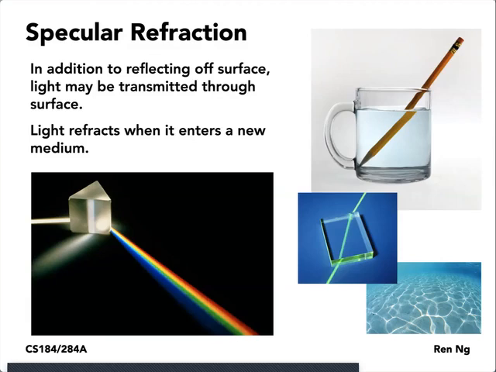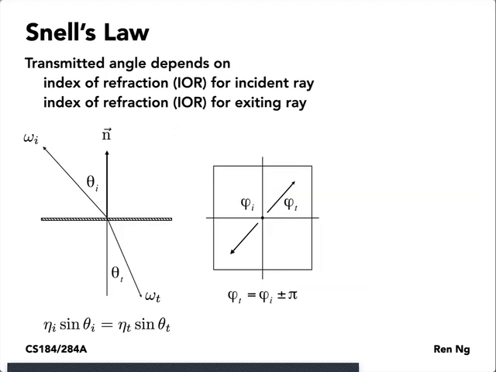If we do the math for refraction, we'll be able to make pictures that look like these. So specular refraction is just due to light transmitting into some kind of surface like water or glass or plastic. Of course, to do that, we'll need Snell's law, so this continues to be physically based.